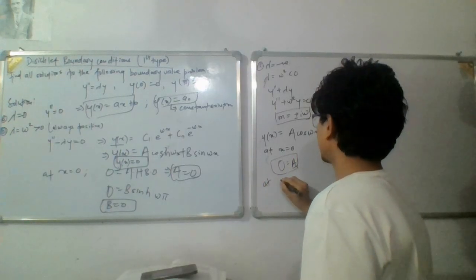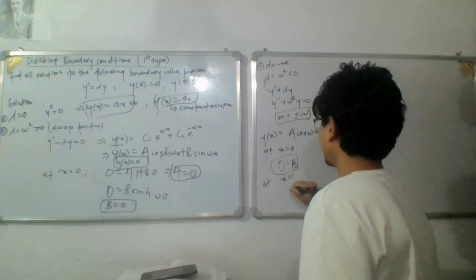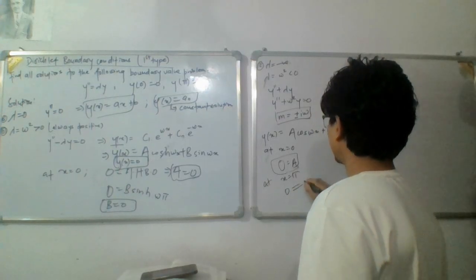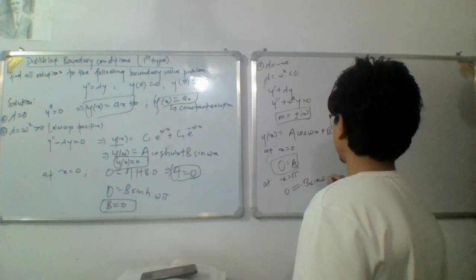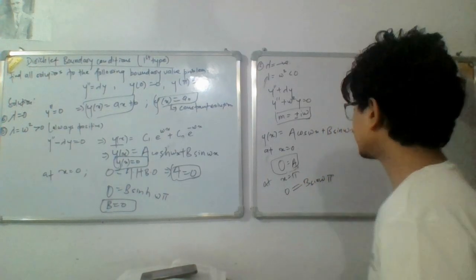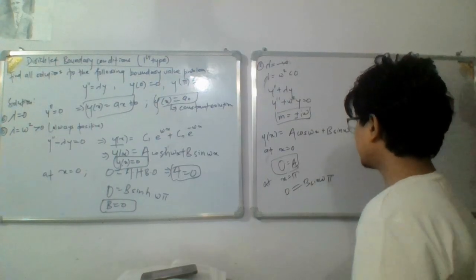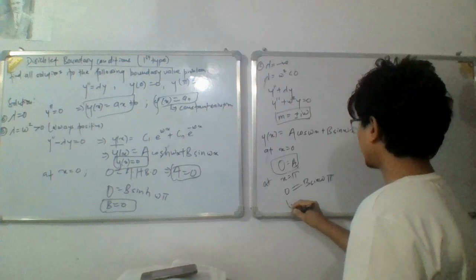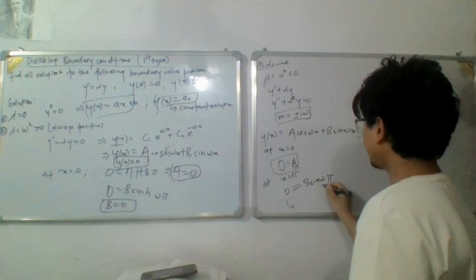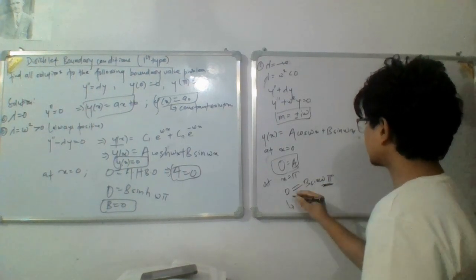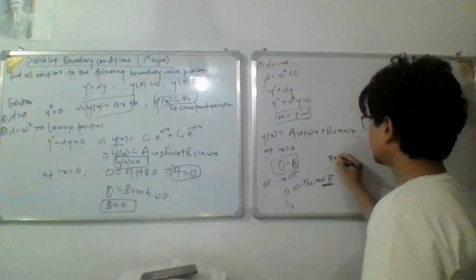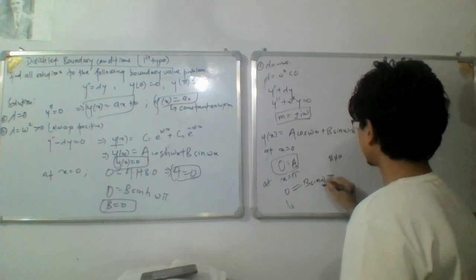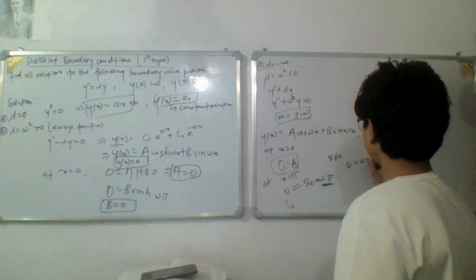And at x equals pi, again the value is 0, which equals b sine of omega pi. Now, at what condition are these equal to each other? If b is not equal to 0, then sine of omega pi must be equal to 0.